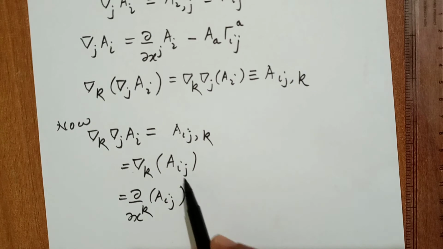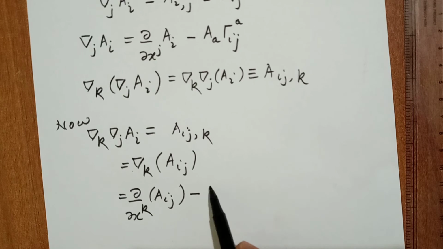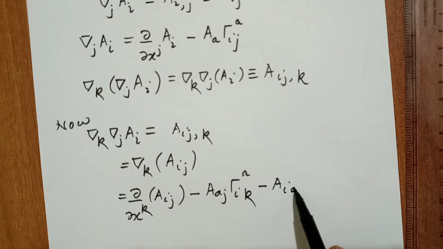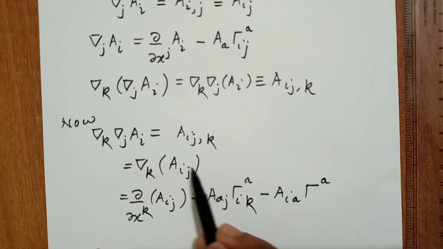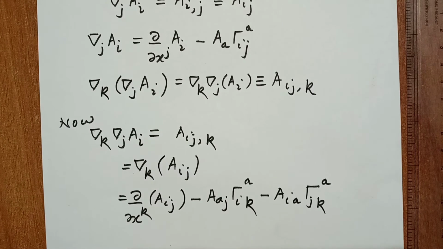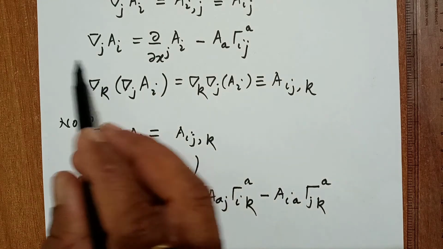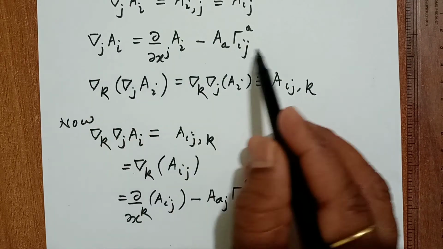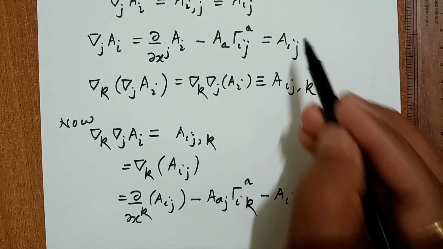Since these indices are lower, there is a minus sign: minus the Christoffel symbol times A_aj, minus, now replacing j, the Christoffel symbol times A_ia with j and k. Now we put in the values of A_ij, A_aj and A_ia from the definition, because delta_j A_i equals A_ij.